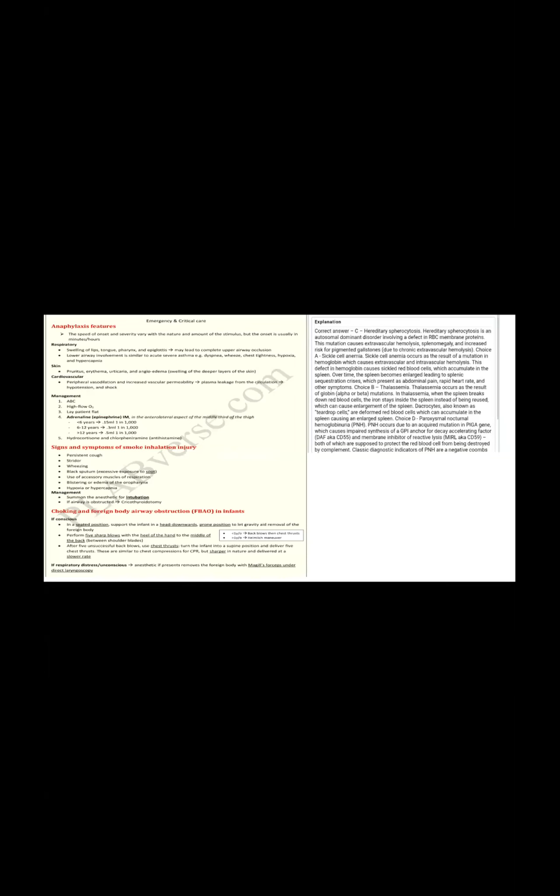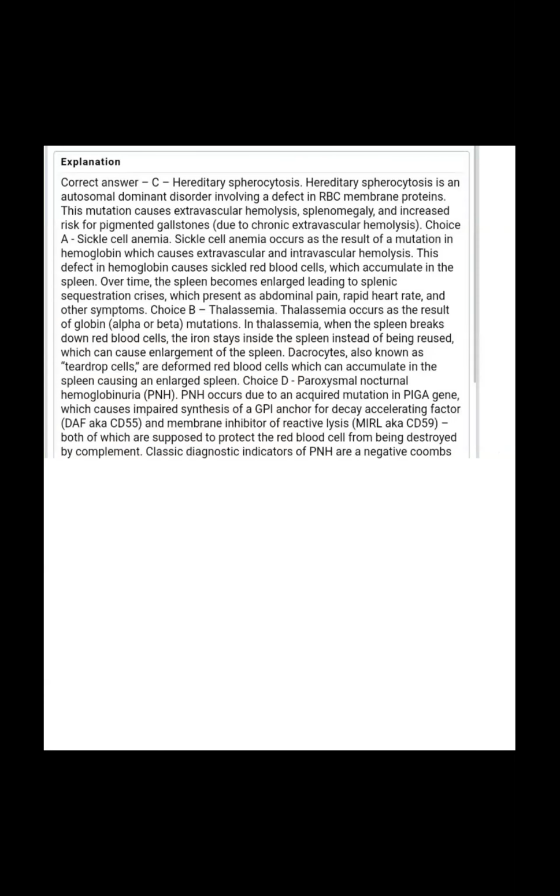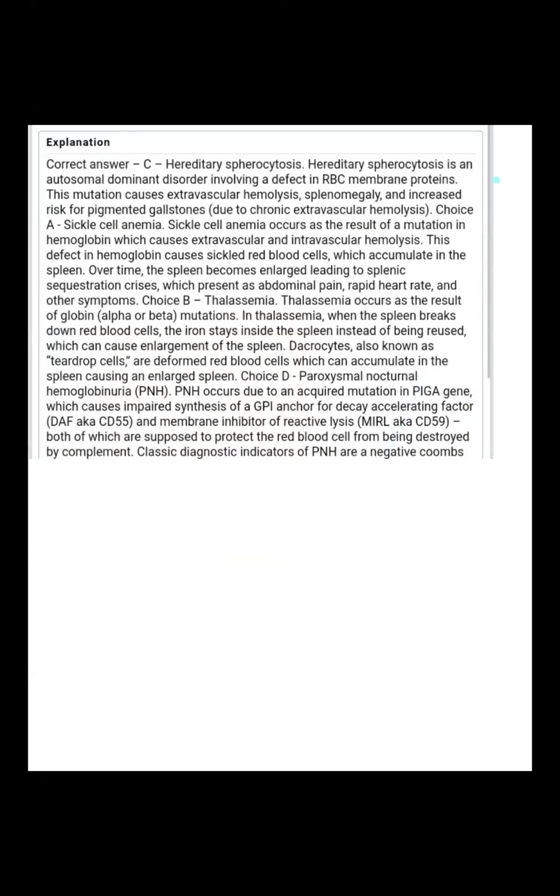So hereditary spherocytosis is actually a common exam question, as is the sickle cell crisis question. Another way they ask is regarding respiratory compromise or GIT complications. So remember this mutation. Sickle cell anemia always presents with a mutation of the hemoglobin, with extravascular and intravascular hemolysis.